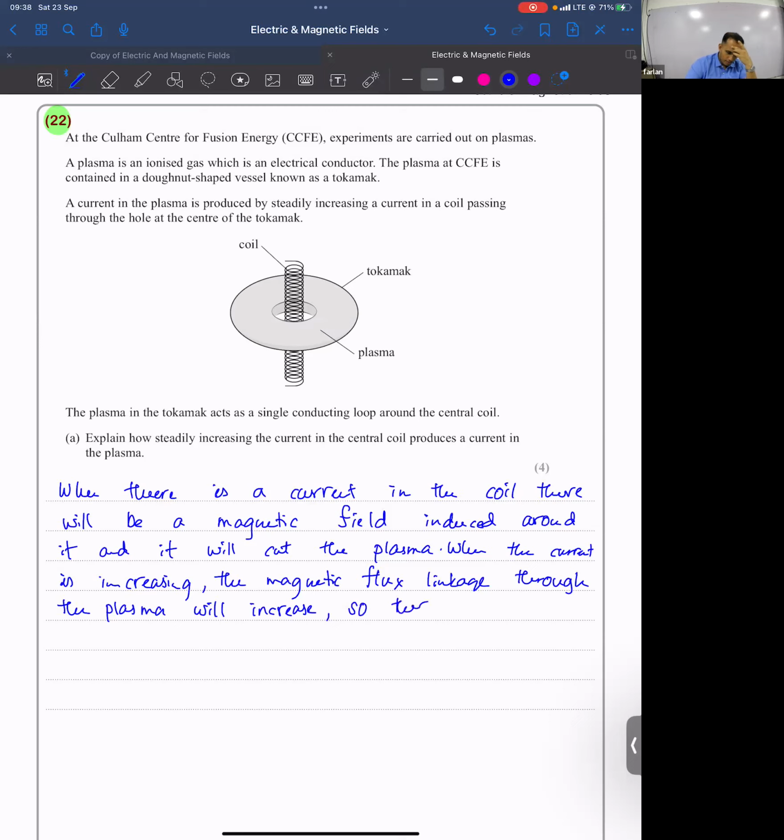So there will be an EMF induced in the plasma.